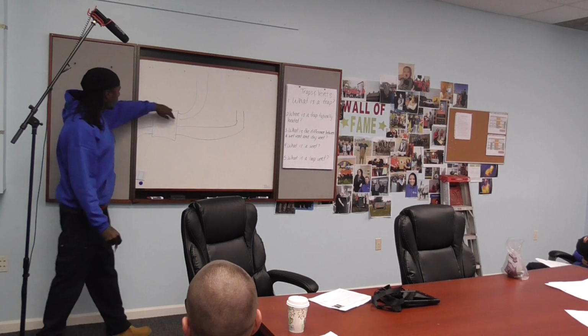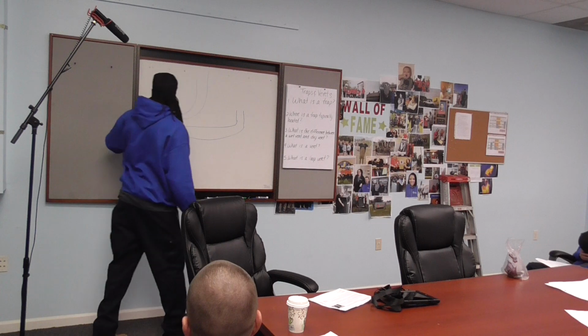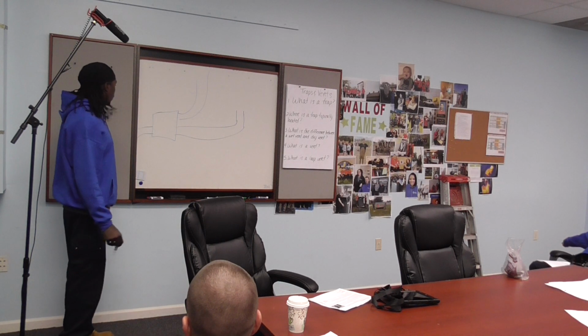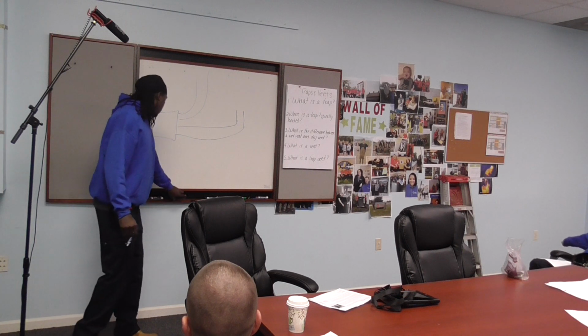So you would just pipe out for your venting, you would pipe to it, and you would pipe to your sewage or whatever you can drain it to. So that's what that does.